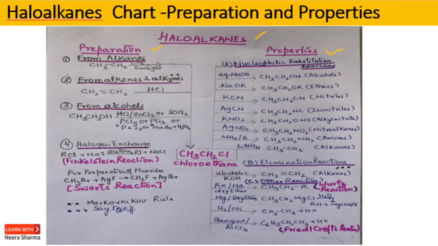The first preparation is from, now you have to do these in detail only once, and after that you have to write this chart, preparation and properties, on an A4 sheet of paper. At the end of your organic you will have about 7 charts, and most of the reactions with names are there in the charts themselves.